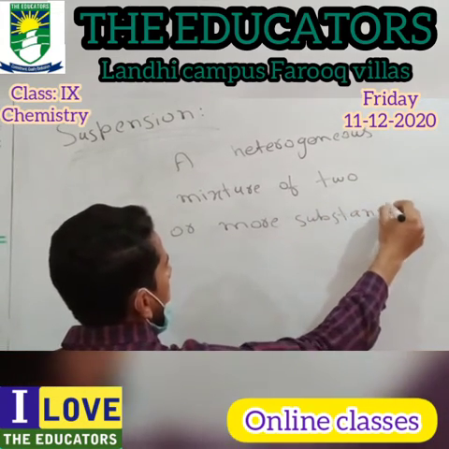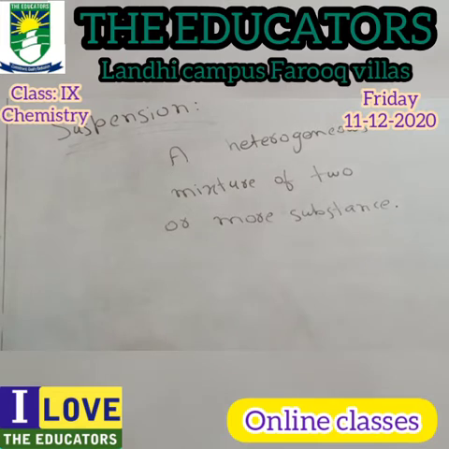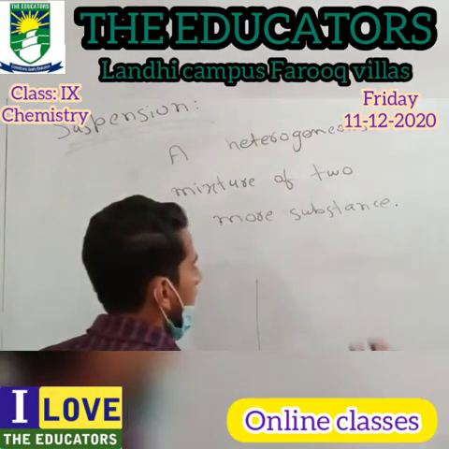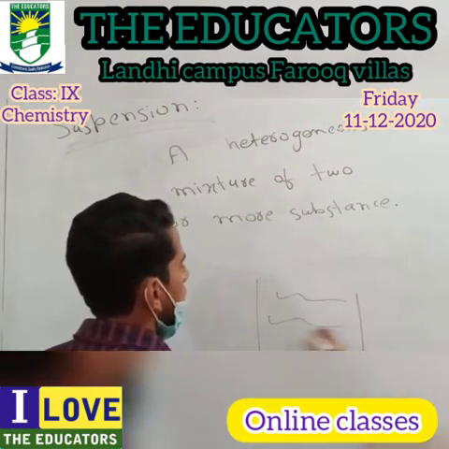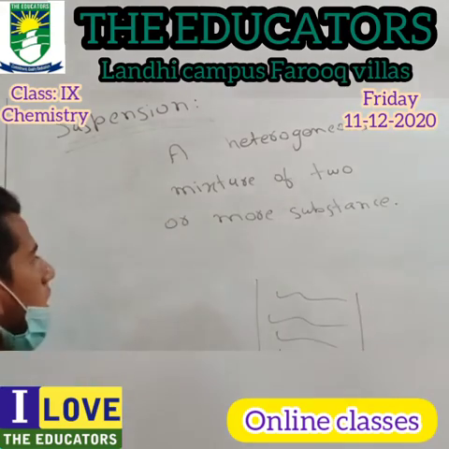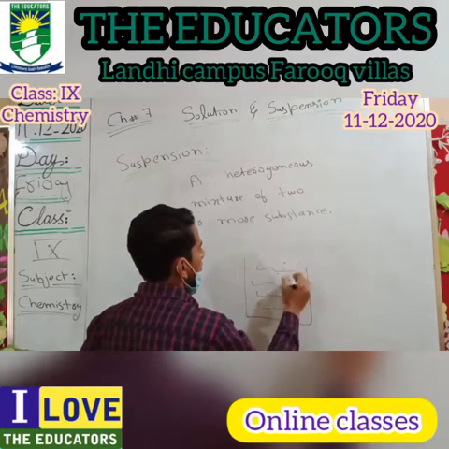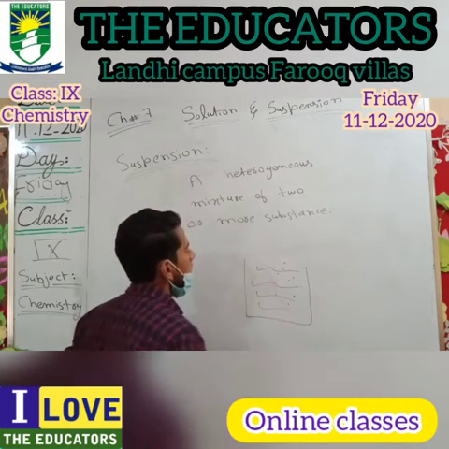Okay. Now here let's consider an example for suspension. Previously I considered an example of salt water as an example of solution. Now for suspension I am considering again a jar full of water, but this time I am not sprinkling salt here. I am sprinkling sand here.